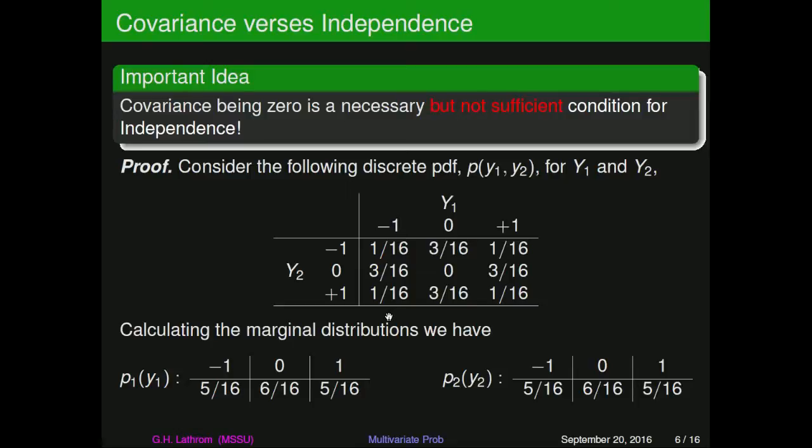And so that ends up being in the bottom margin of our table, hence the name marginal distributions. So if we calculate that, we can see that if we sum across the rows, we're going to get 5/16, 6/16, and 5/16, and we see that those are going to be the same for y sub 1 and y sub 2.